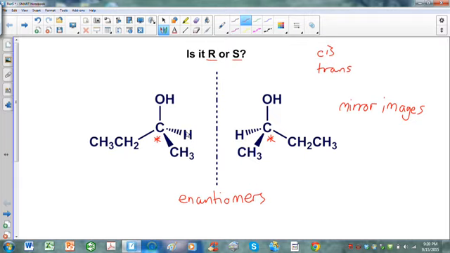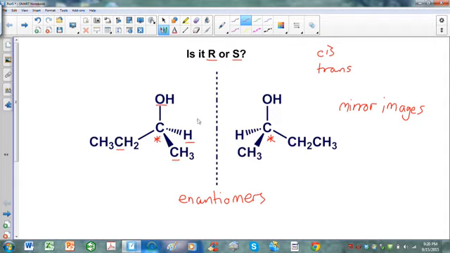So we should talk a little bit about the priority rules. Priority rules are based on atomic weight of the group directly connected to the stereocenter, the chiral carbon. And I'm just going to underline all 4 of the atoms directly connected. All right? Can you see that's carbon, carbon, hydrogen, and oxygen?